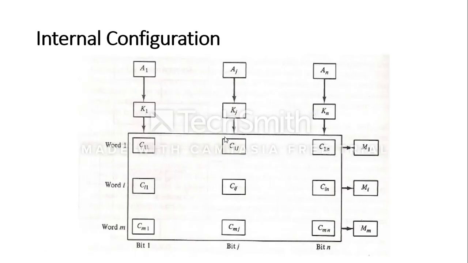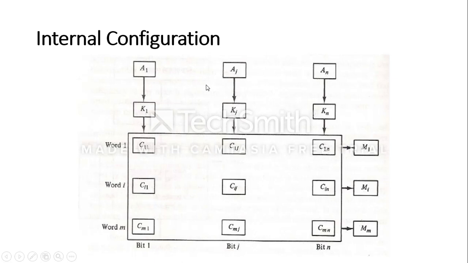This diagram shows the internal configuration of the associative memory. As I have told you, 3 registers are available in the hardware organization of an associative memory: the argument register A, the key register K, and the match register M. Individual bits of these registers are shown here. For the argument register A, we have bits from 1 to N: A1, A2, Aj up to An.